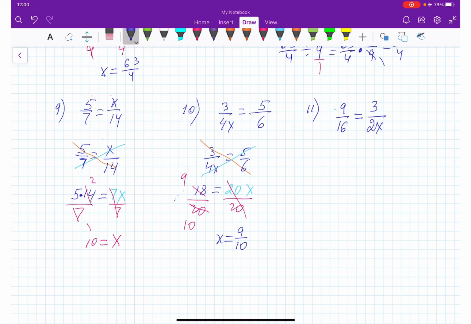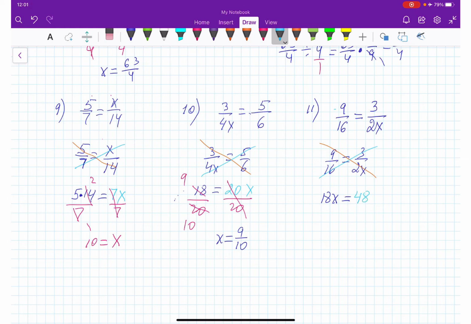Yeah, it would be much better. So let me rewrite: 9 over 16 equal to 3 over 2x. So first step, 9 times 2x is going to be 18x, equal to 16 times 3. 16 times 3, 48.